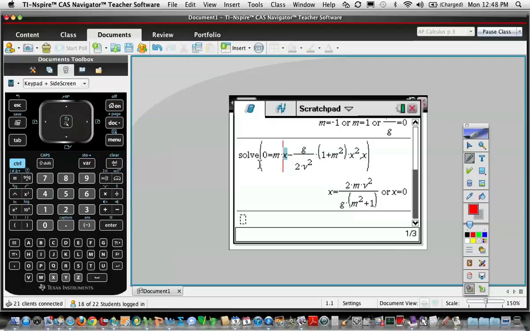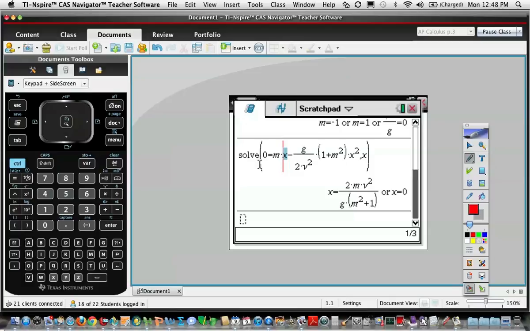So they wanted you to say in 21A, and I told you to skip 21A, but in 21A they were just saying show that equation for R comes from this equation, right? Well, okay, so really isn't it just solving that equation for X? What I did was I put a 0 in for Y, because what happens when Y is 0?